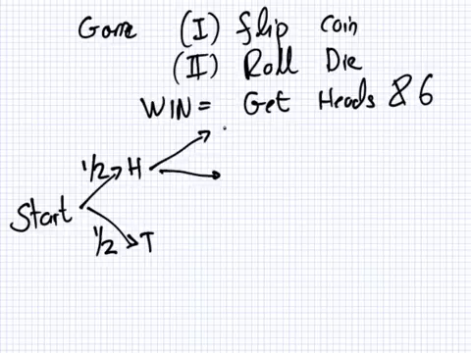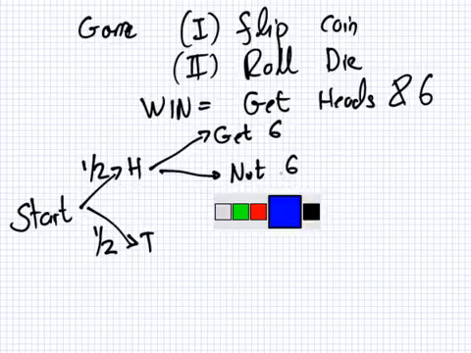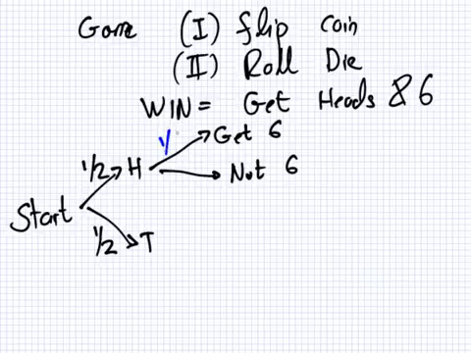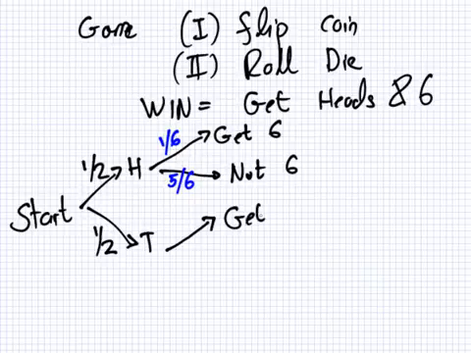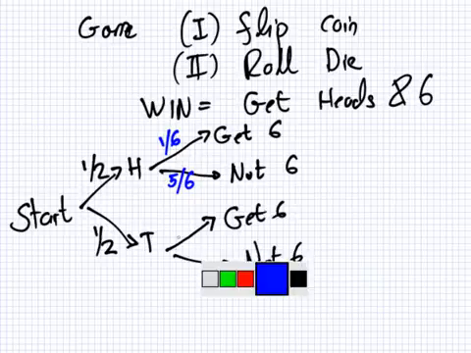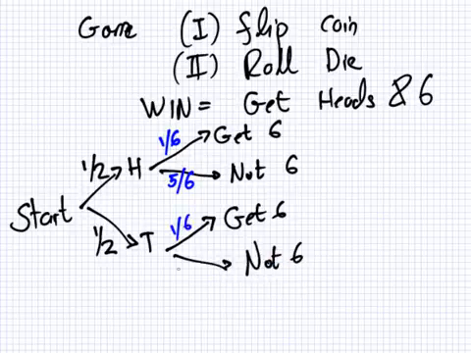We can either get the 6 or not the 6. So we have a 1 in 6 chance of getting the 6, and a 5 in 6 chance of not getting the 6. Likewise, if we get a tails, again, we roll the die, and we can get the 6, or we can not get the 6. So this is a 1 over 6, and then this is a 5 over 6.